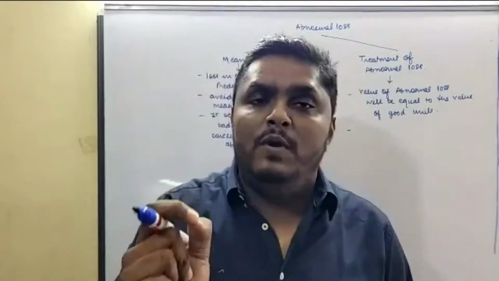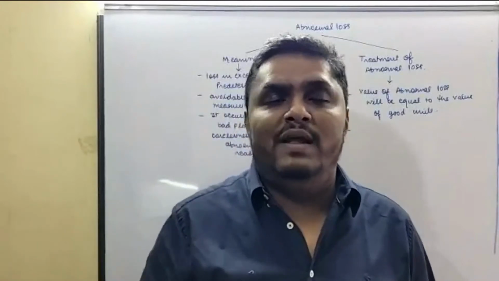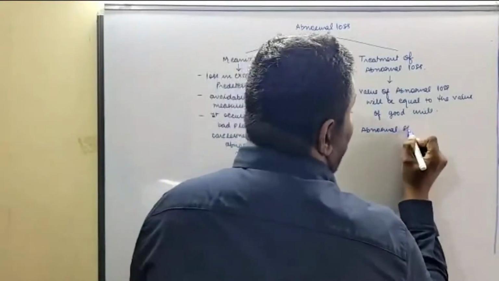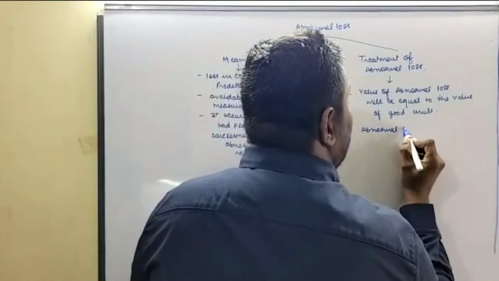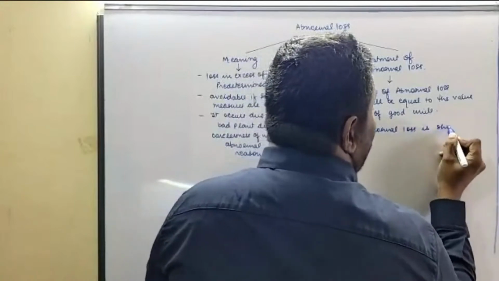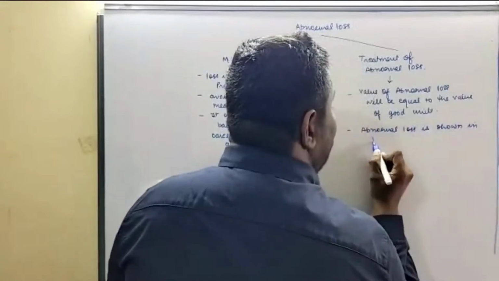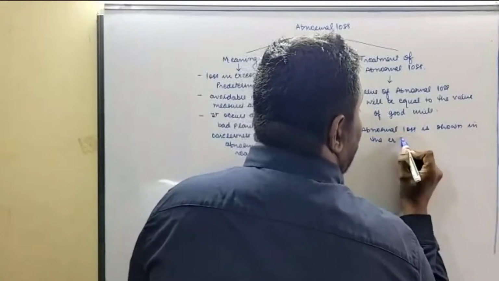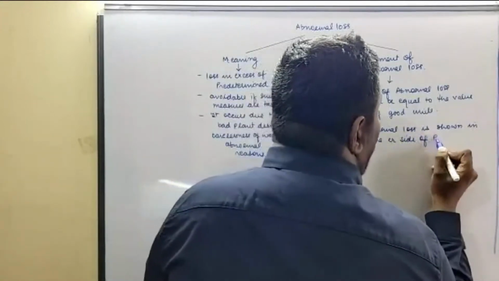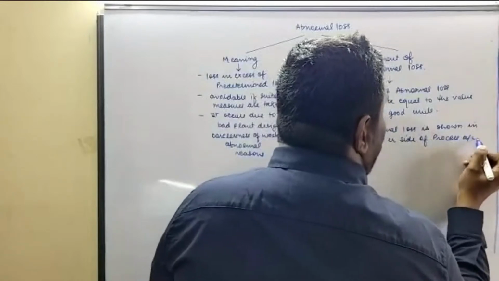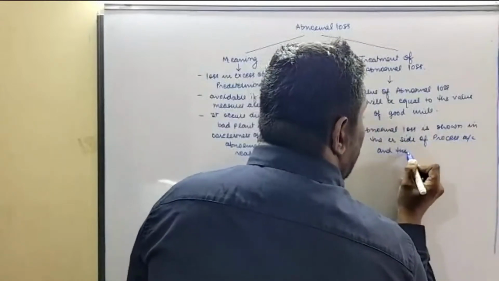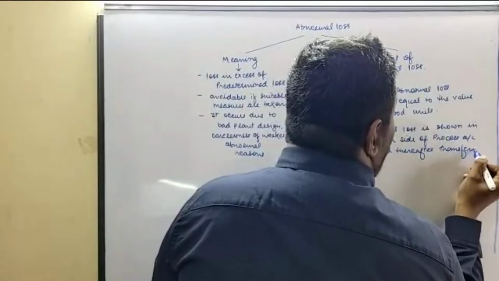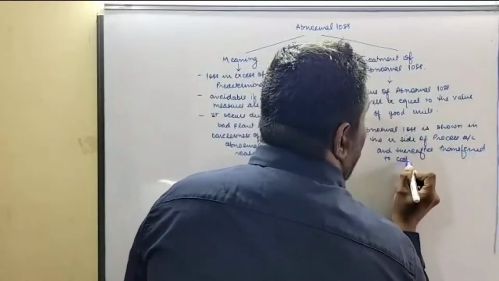Further, the abnormal loss will be transferred to costing period. Abnormal loss is shown in the credit side of process account, and thereafter transferred to costing P&L.